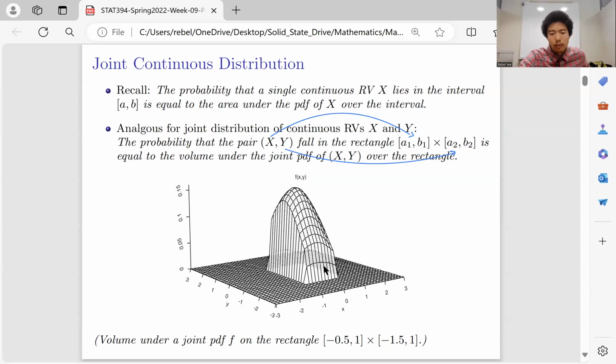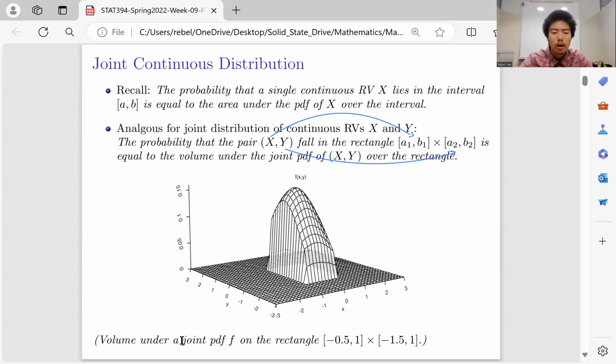You can see it's now a volume, no longer a two-dimensional area. It's the volume below the surface and above the zero plane. That gives the probability when we consider some rectangle A1 to B1 and A2 to B2. Those are restrictions on what portion we want to get.